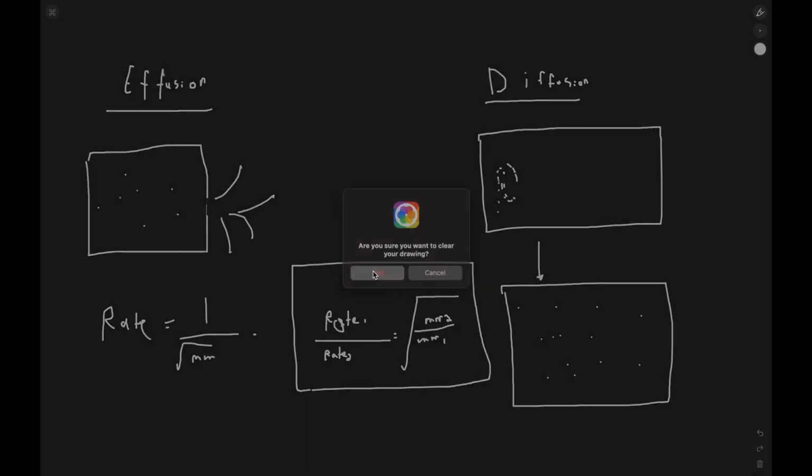So for example, let's say one of the gases is O2 and the ratio of the rates is 1.12, and it asks you to find what the other gas is.